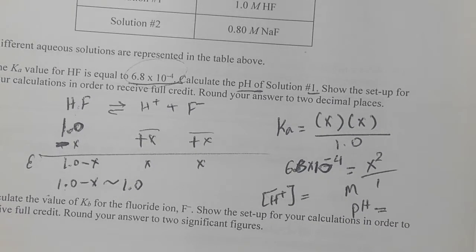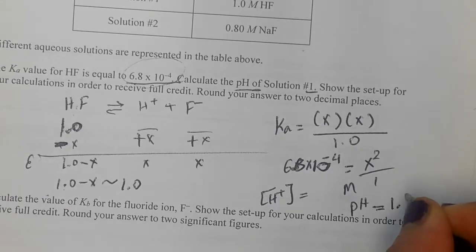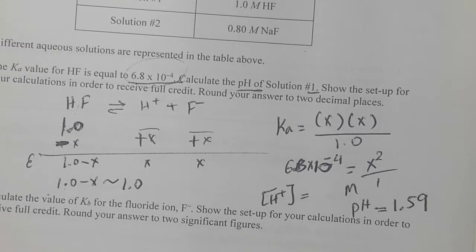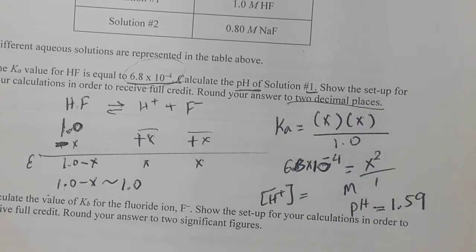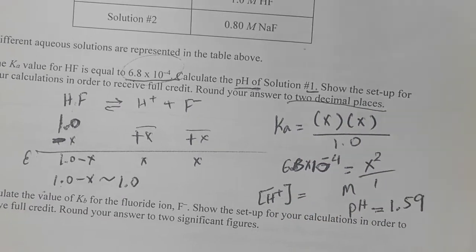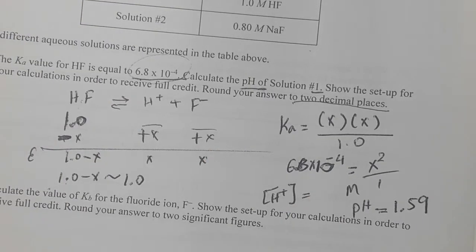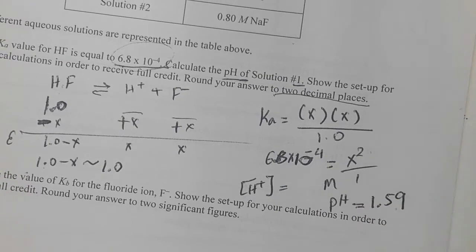We got it? 1 point what? For the pH. Close enough. Careful, read the question. Did you round it earlier in the H plus? Because you're not supposed to round it until you finish at the end.